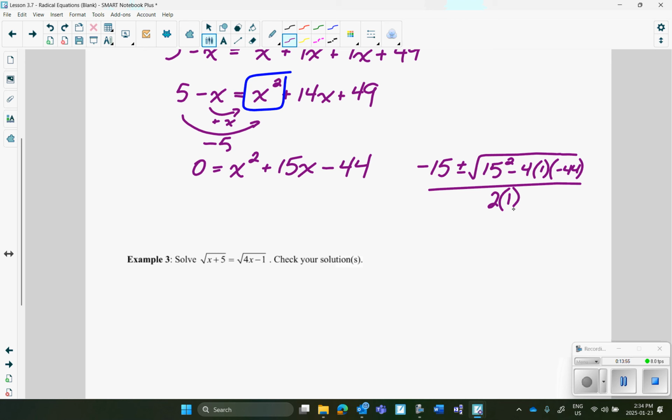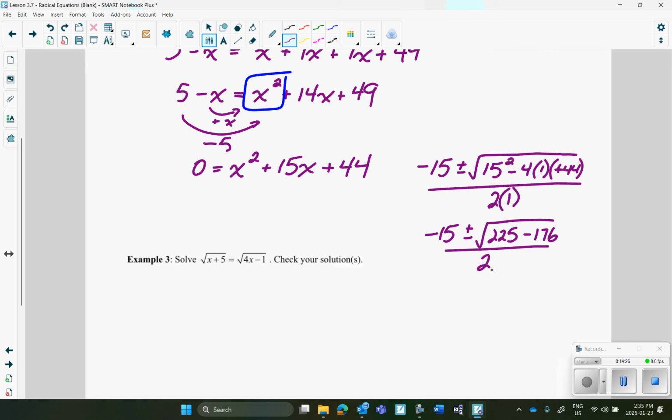It should be positive. Yes. Positive 44. Fine. Negative 15 plus or minus the square root of 225 minus what's 4 times 44? 176. I think it's 176.